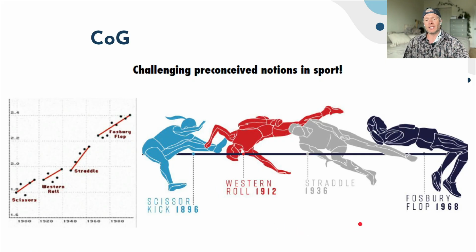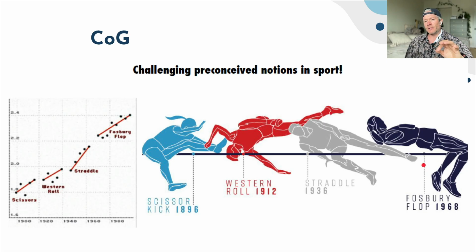The reason for that is athletes were able to keep more of their mass below the bar, even as they're passing over it, right? So again, if we think people lay their head back and over the bar, that's why I don't think this illustration is great. This person's head should probably be a bit more down here. So we have way more mass traveling below the bar, essentially the entire jump. And so we see their center of gravity kind of there, roughly.